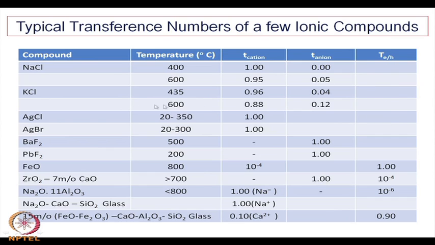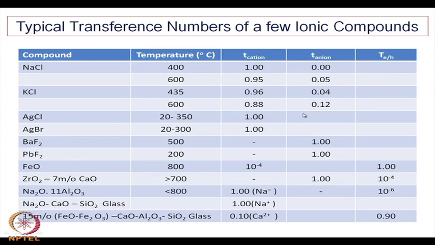So, this is a purely ionic conductor. So is the case with potassium chloride. As you can see, it is the potassium ion which moves, cation conductors, and at higher temperature some amount of anionic conductivity also comes in. Here still very little anionic conductivity is there.